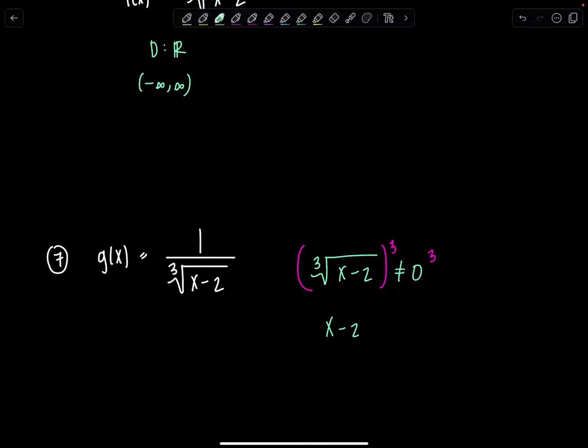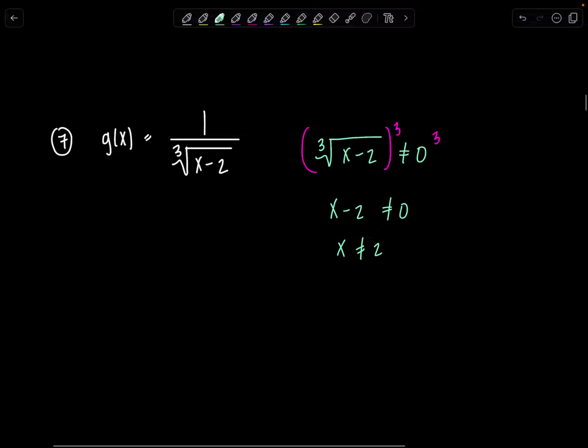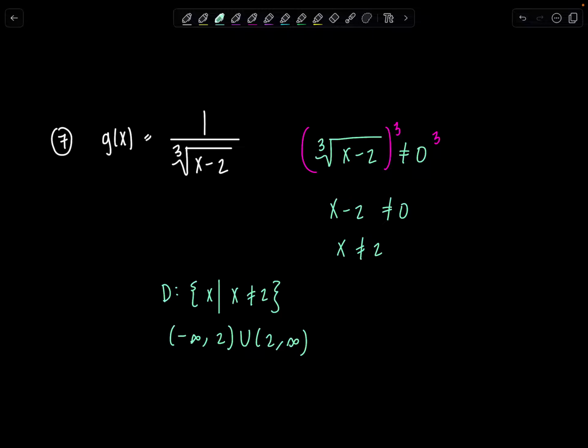So that just means x minus 2 can't be 0. So x can't equal 2. That's the only restriction. So then my domain is going to be all x's such that x can't equal 2. Or in interval notation, it would go negative infinity to 2, union 2 to infinity.